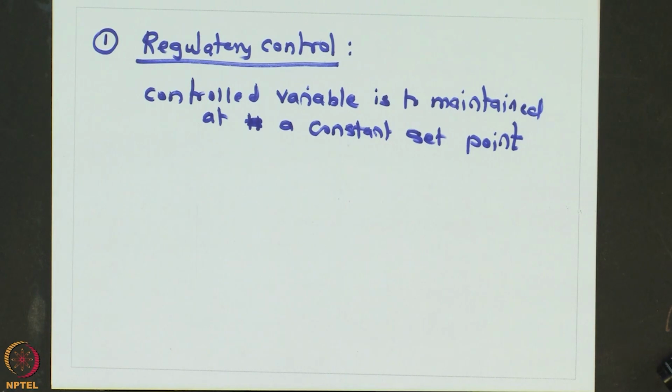The examples being the surge tank which we had considered, where the height was supposed to be maintained at 50%, or the pressure cooker where the pressure has to be maintained at a certain value.